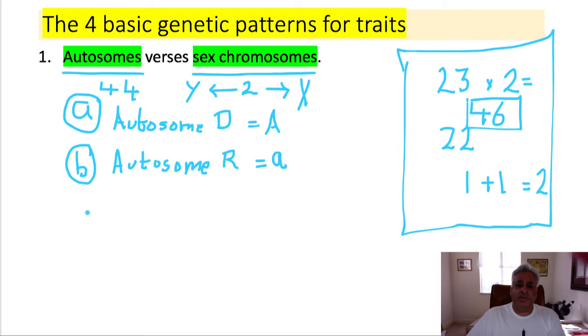Now we're going to introduce two more. So if you're looking at genes that are residing on these chromosomes, they too can be dominant and recessive, but they are called now sex-linked, right? Sex-linked. That means the gene is linked to the sex chromosome.